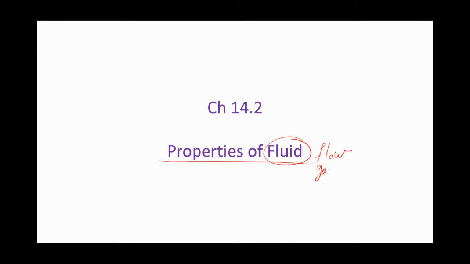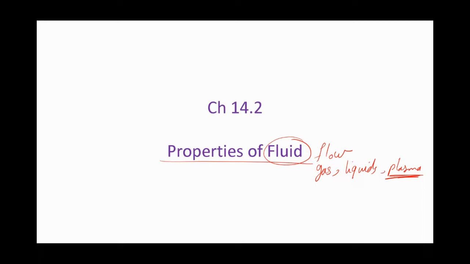Like gases, like liquids, like plasma. Plasma is originally a gas, but it's an ionized gas. So because it's in the gas state and then we ionize it, it can also flow, so it's called a fluid.